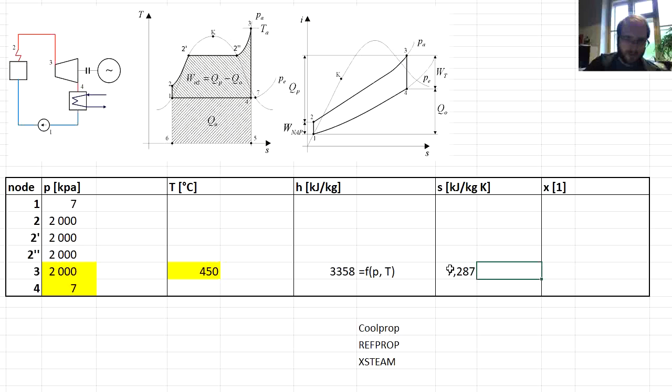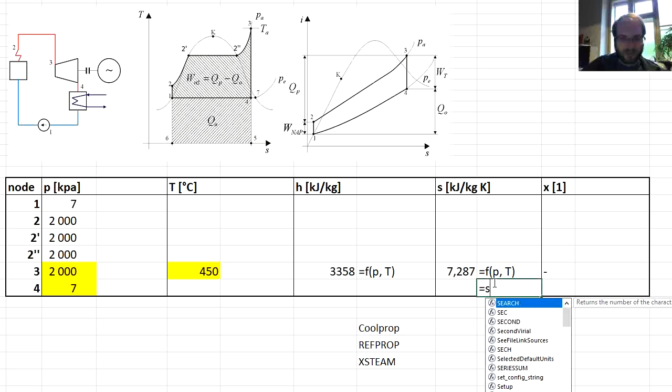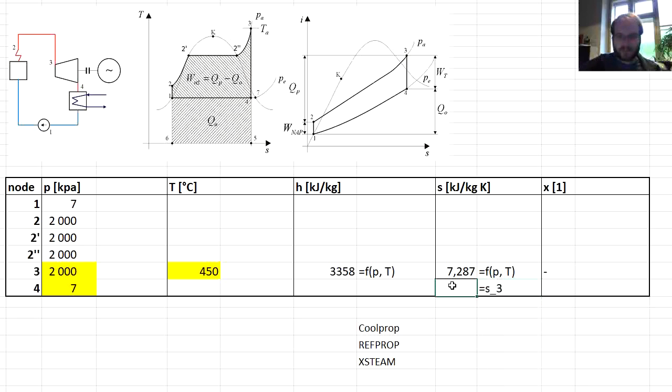And again, it is a function of pressure and temperature. The steam quality at this point doesn't make any sense because it's in a superheated area. And then we had the isentropic expansion. So the entropy after the expansion is the same as the entropy at point 3, which is this 7.287.